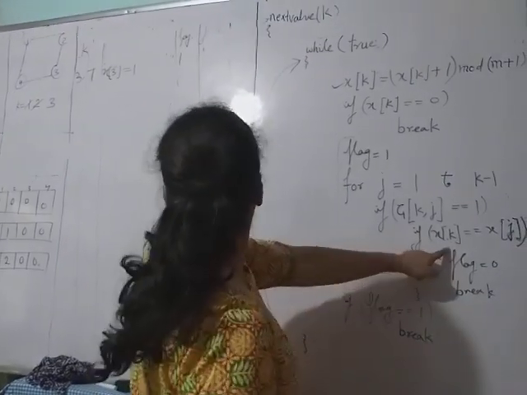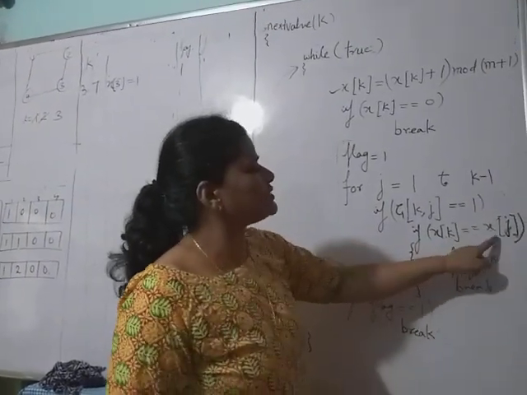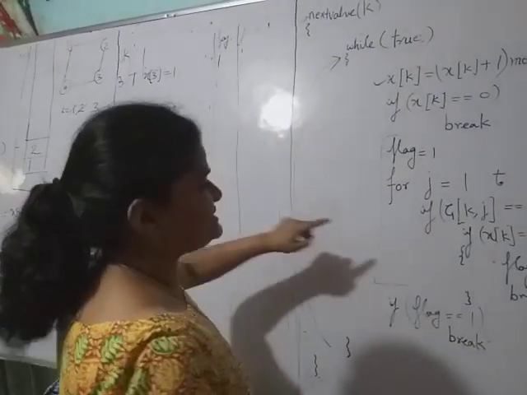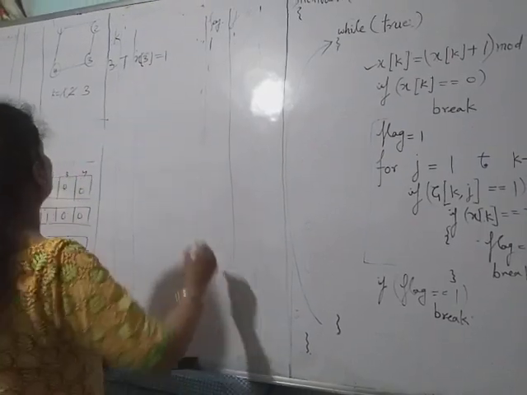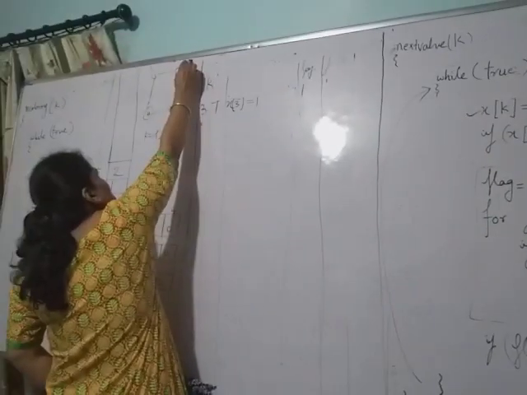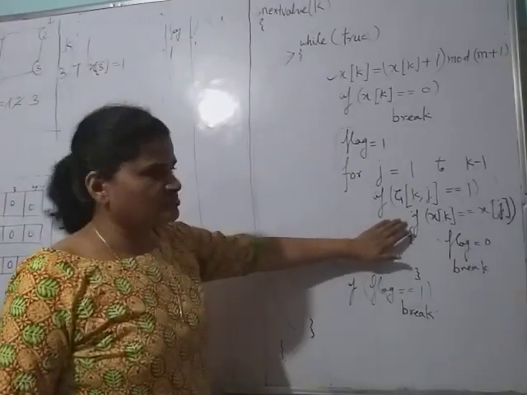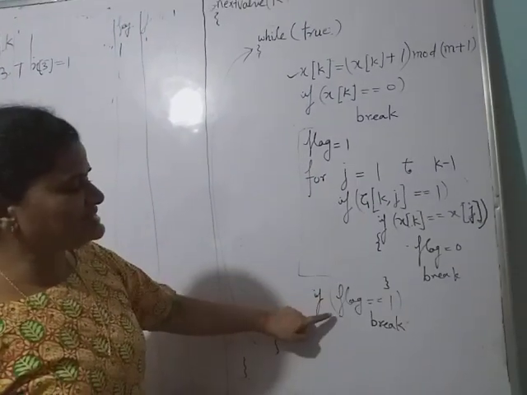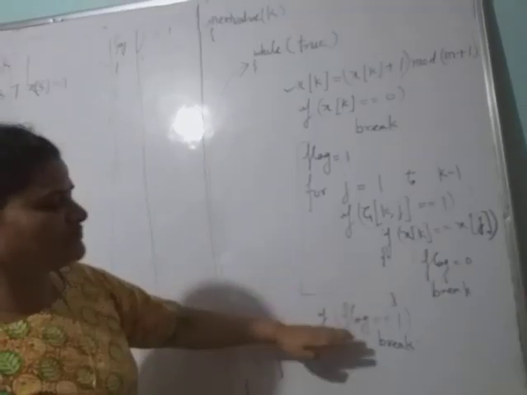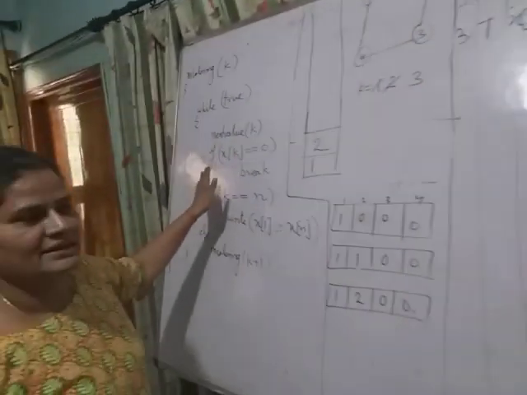Here the value of k is 3. Is x3 equal to x2? It is not, because x3 is at this time 1 and x2 is 2. So this condition is not satisfied and the whole j loop will run, and after this the value of flag is still 1, so it will come out of the outer while loop and control is transferred here.